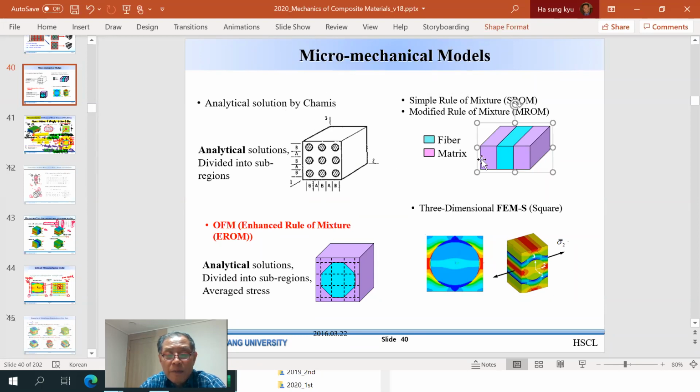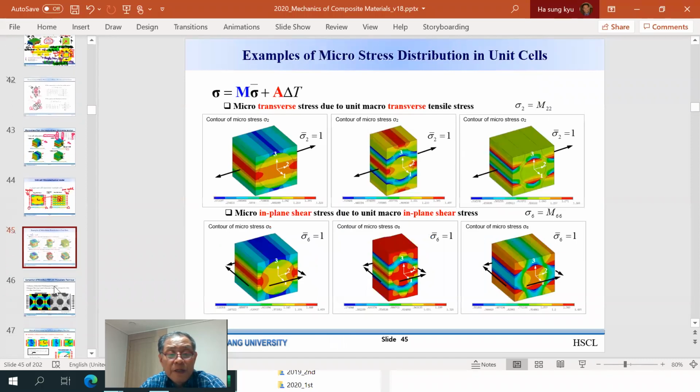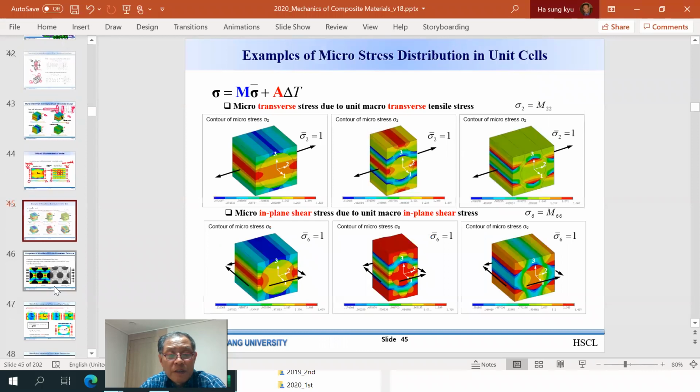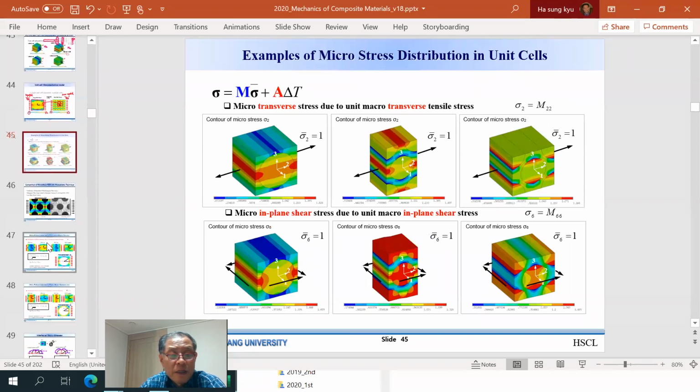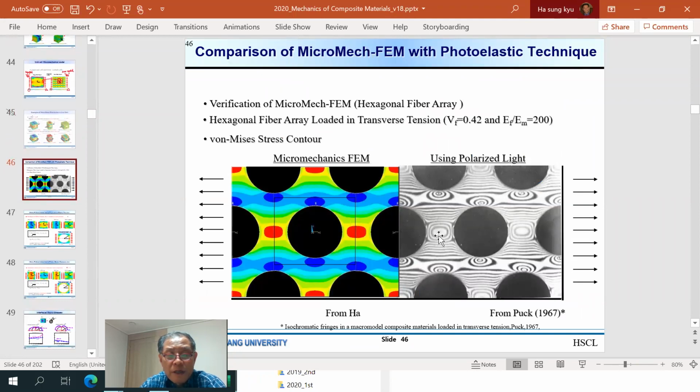The simplest one is the simple rule of mixtures, which you covered as homework. There are several results, and as I explained last time, there was an experiment using the photoelastic technique.